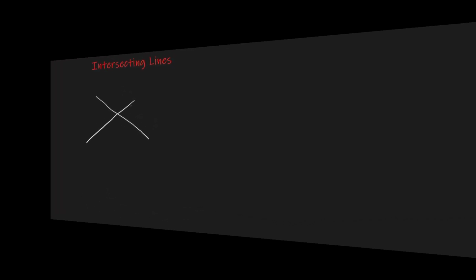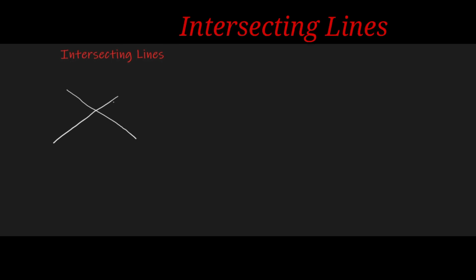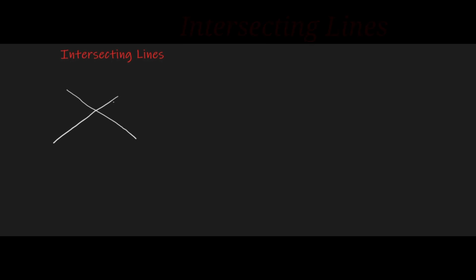The next topic is intersecting lines. What are intersecting lines? Intersecting lines are those lines which intersect at one point. Now you can see here two lines I have drawn. This is line 1 and this is line 2.